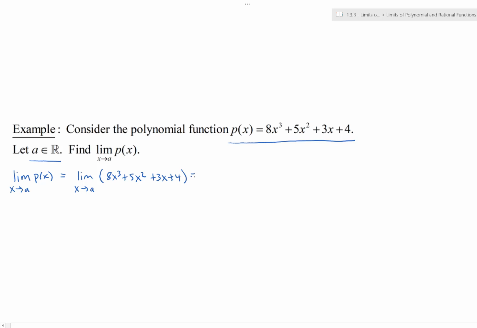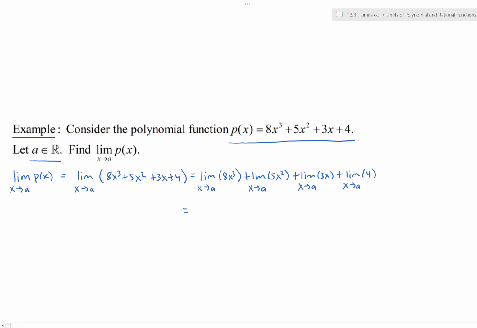So we could write this as the limit as x goes to a of 8x cubed, plus the limit as x goes to a of 5x squared, plus the limit as x goes to a of 3x, and finally plus the limit as x goes to a of 4. So there's our sum law.